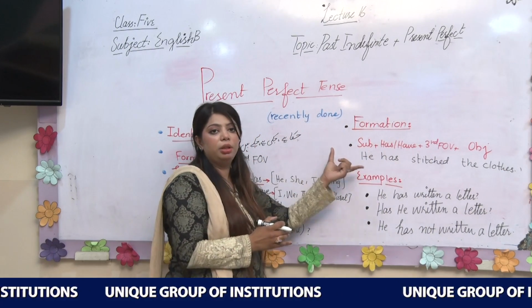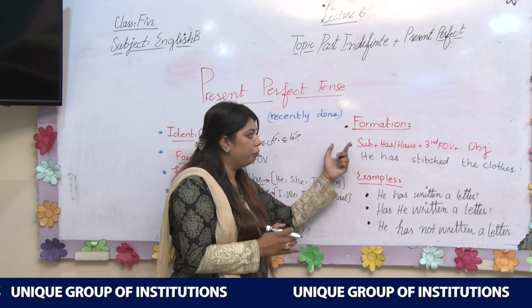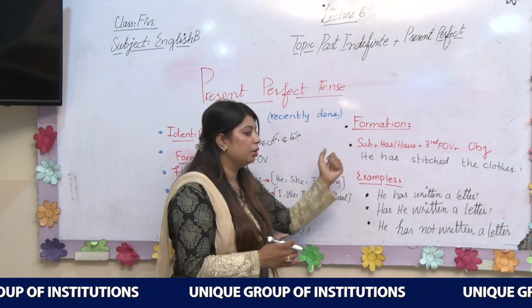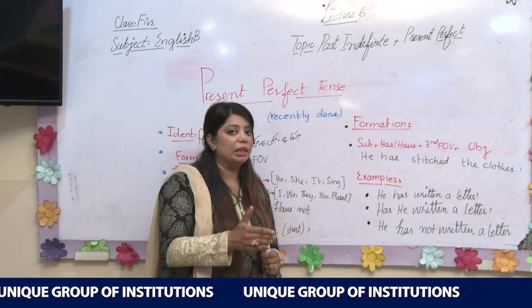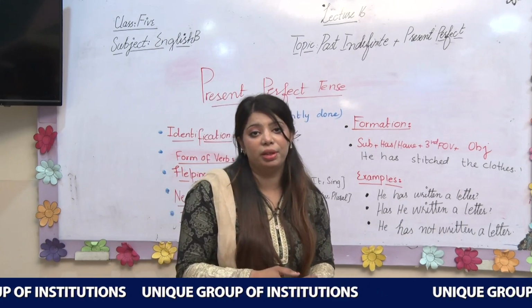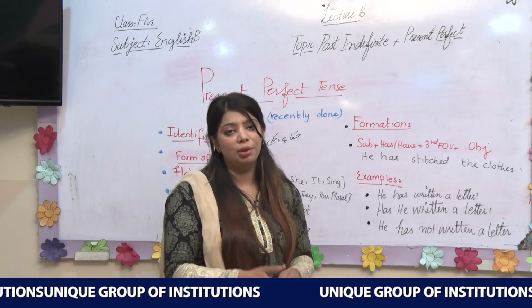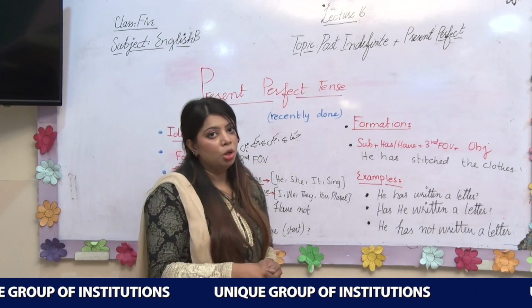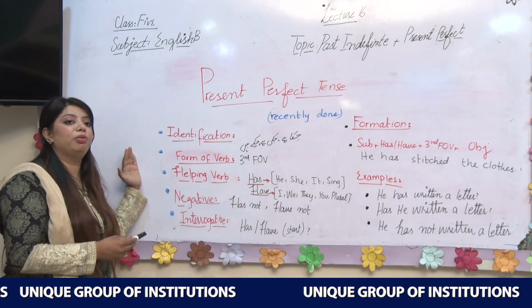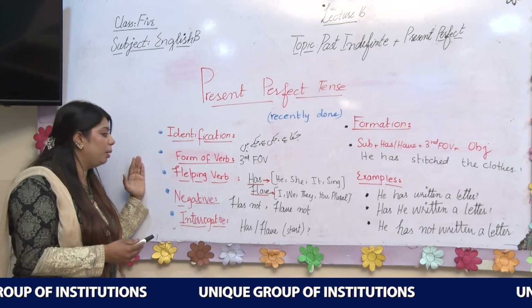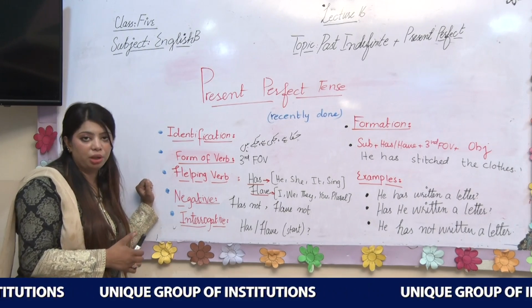I have written the sentence while following the formula of it. Now here is an example: he has written a letter. When it comes to negative, he has not written a letter, and when it comes to interrogative, has he written the letter? So students, present perfect tense is all about 5 fingers: identification, helping verb, form of verb, negative and interrogative.